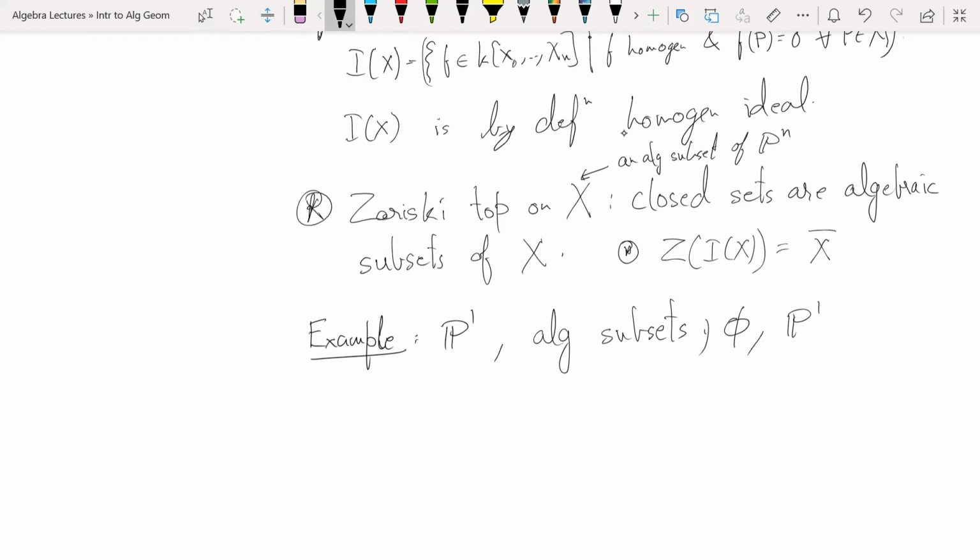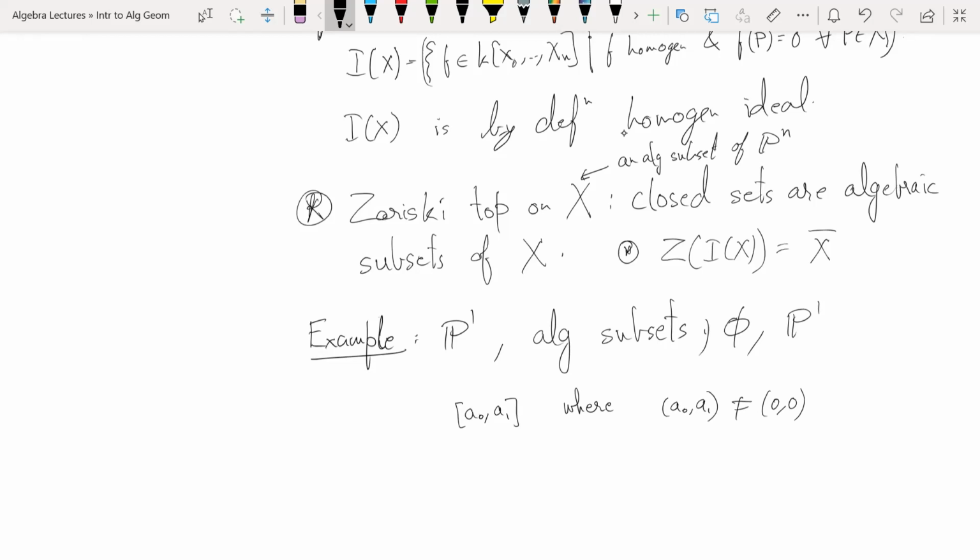So P1, remember, an element of P1 looks like (a naught, a1), where this (a naught, a1) is not a zero vector, a class of this.